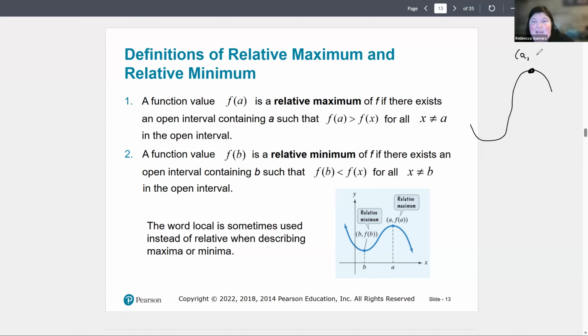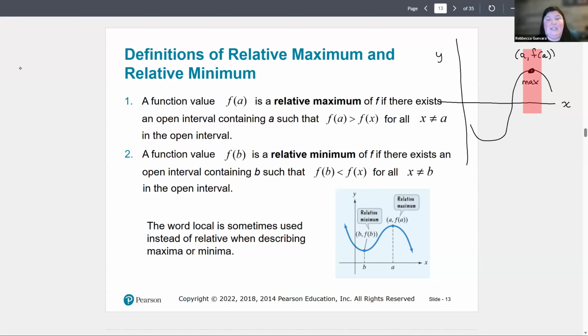So we're going to have my a, f of a. That's my maximum. What all this is saying is that, remember, you've got y's here, and these are your x's. So we're saying that there's a small little spot for its relative minimum.